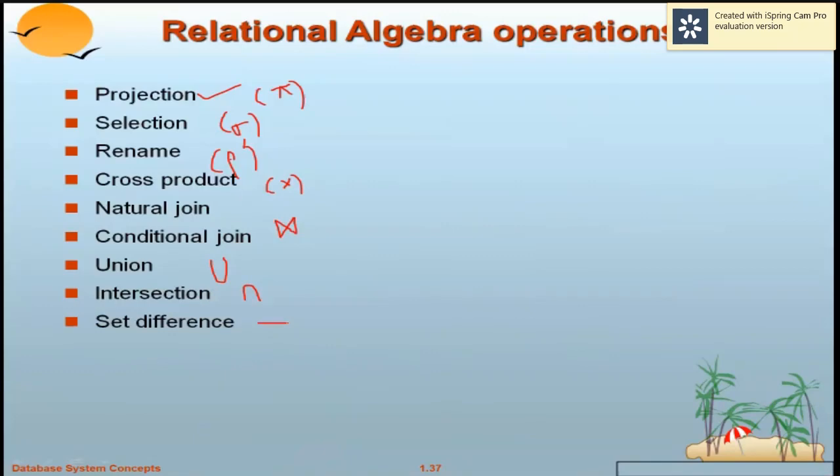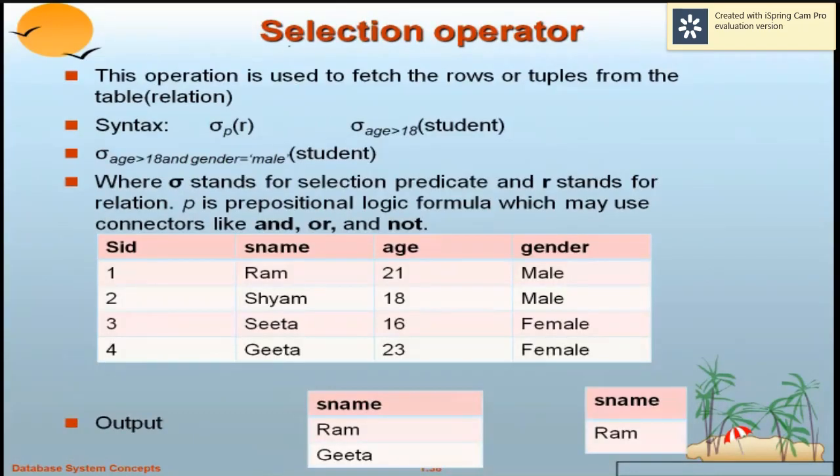Let's look into the application of each and every operator and how the operator works over a table. The first operator is the selection operator. I already said the selection operator is represented by sigma. I'll make things very simple for you. Keep in mind, when I say selection operator, it is going to work on tuples.